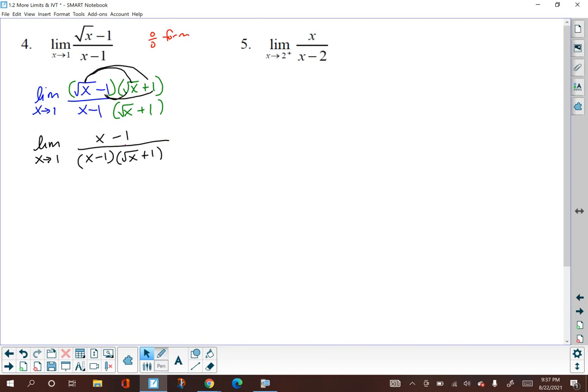And so we can reduce that fraction, and we have 1 over root x plus 1 left. And so now we can use direct substitution. If we substitute in, we get 1/2. Again, if we graph this function, we would see a hole at (1, 1/2).